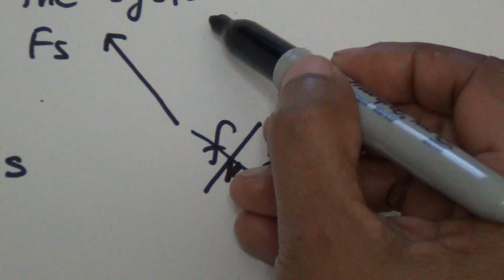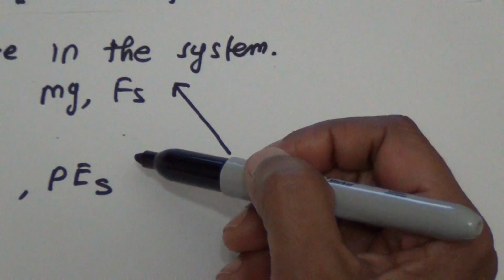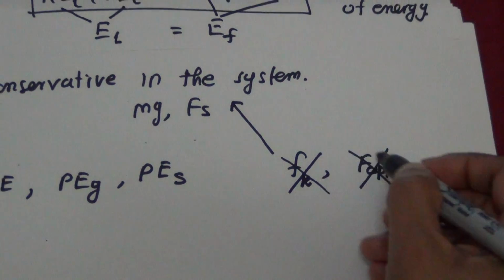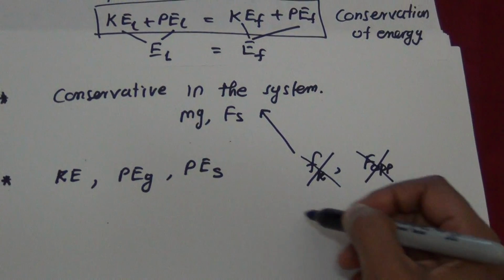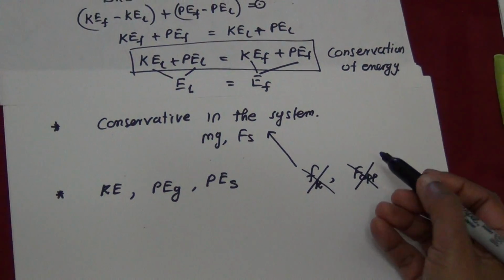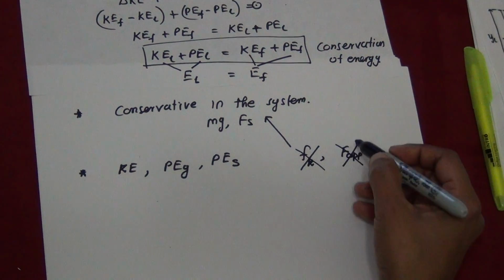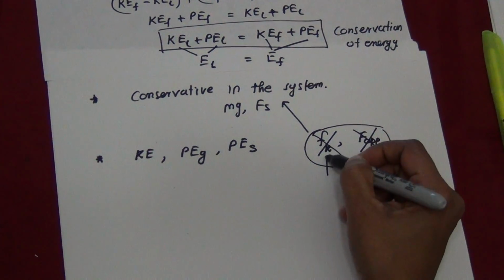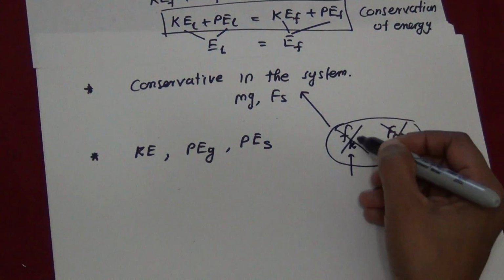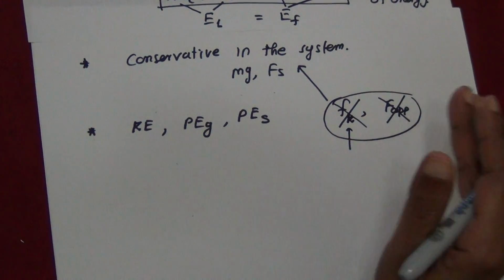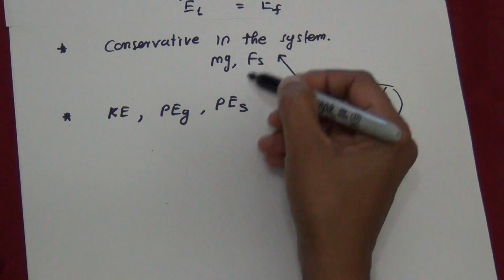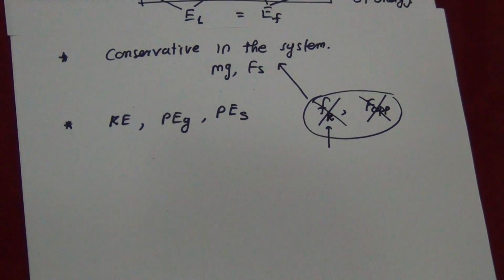Remember, these are some restrictions on using the conservation of energy, because in the equations that we are using in this section, we are not going to calculate the heat dissipated by frictional force.